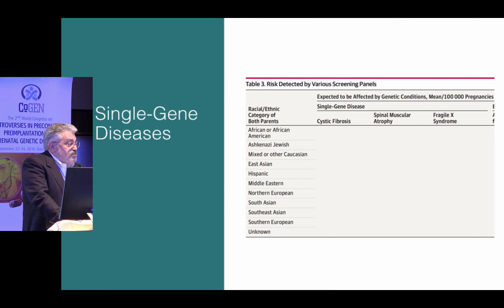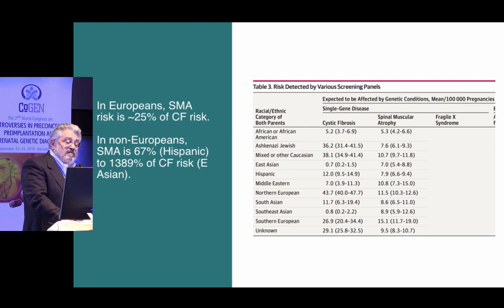What I'd like to do is just briefly go through some comparisons of single gene diseases, just looking at the common ones that people screen for: cystic fibrosis, spinal muscular atrophy, and Fragile X syndrome. Comparing cystic fibrosis with spinal muscular atrophy, in Europeans, the SMA risk is about 25% that of the cystic fibrosis risk.